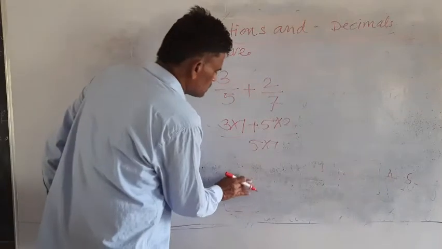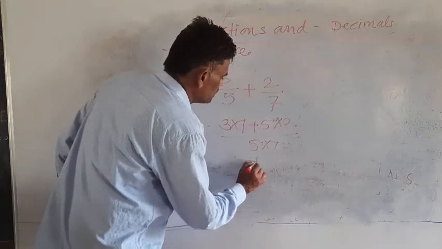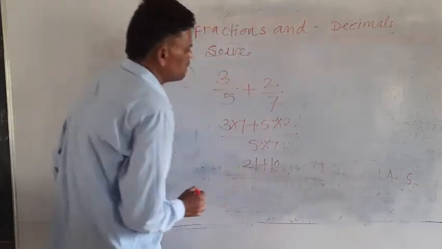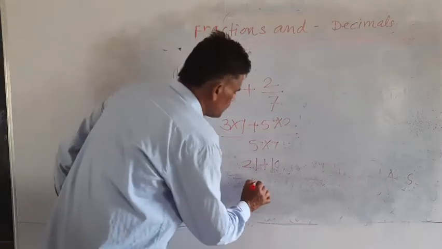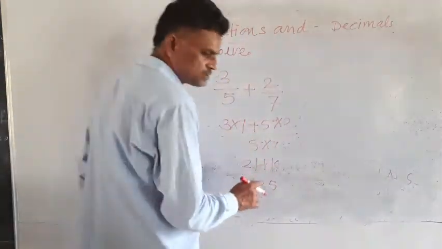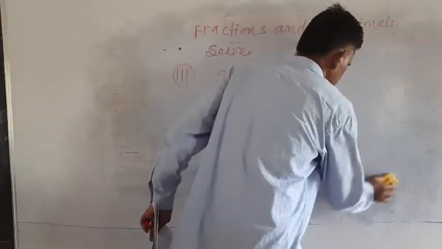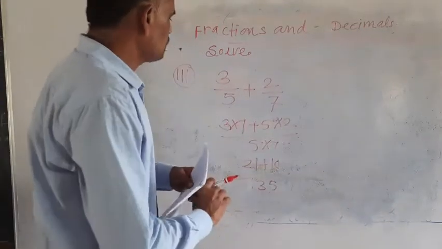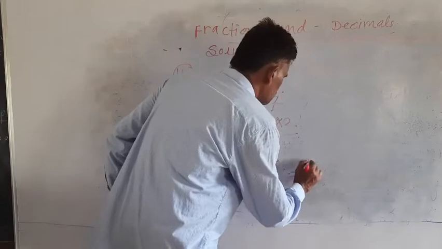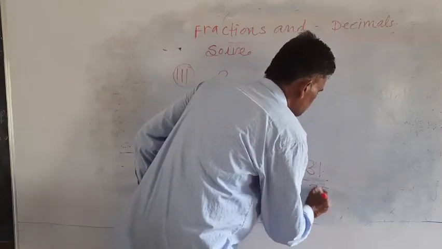See, 7 3s are 21, 10 divided by 35. Here you see, we are getting a proper fraction. 21 and 10 is equal to 31 divided by 35.